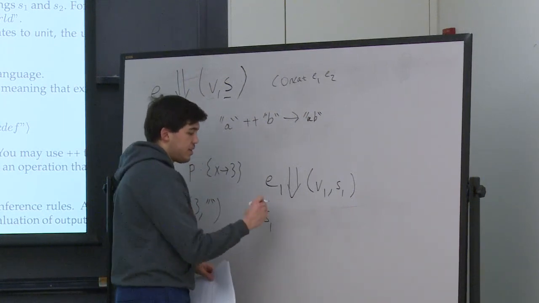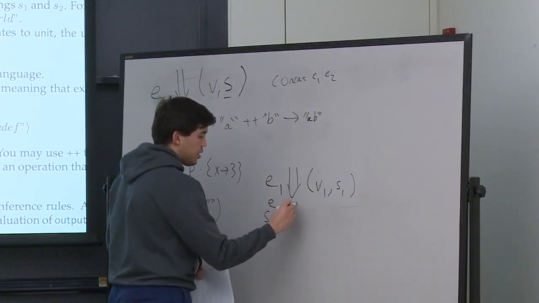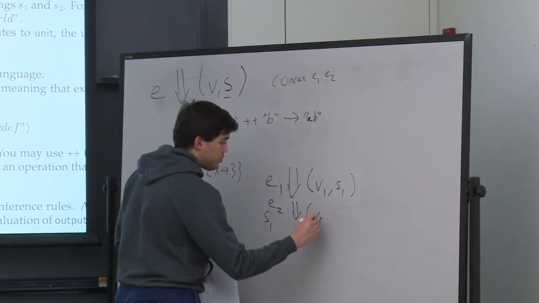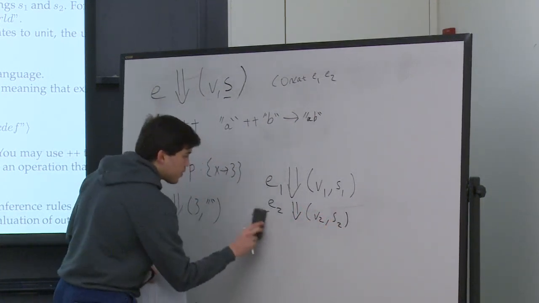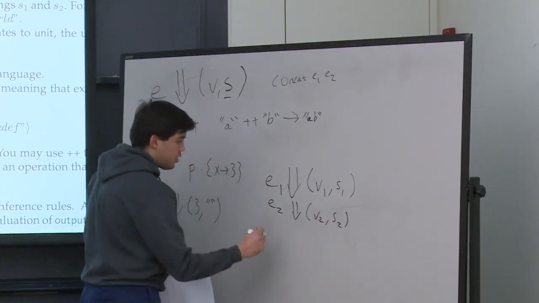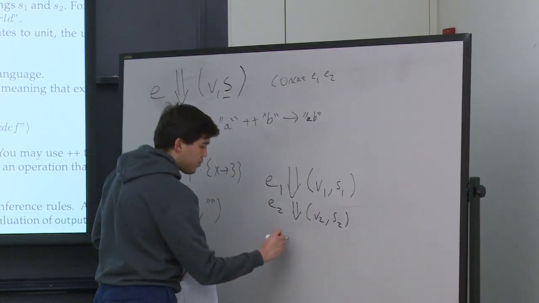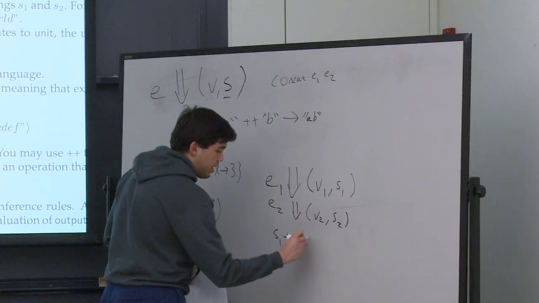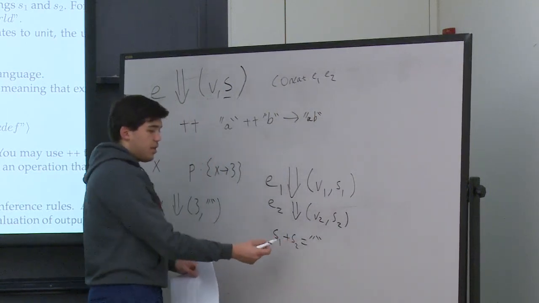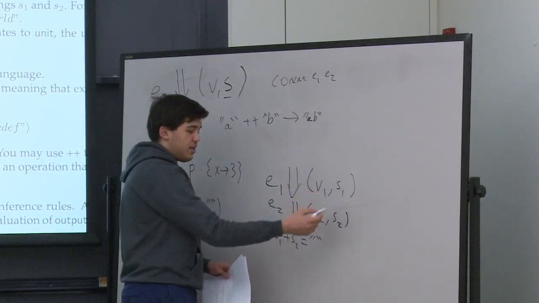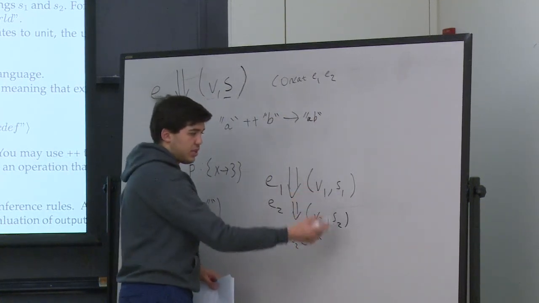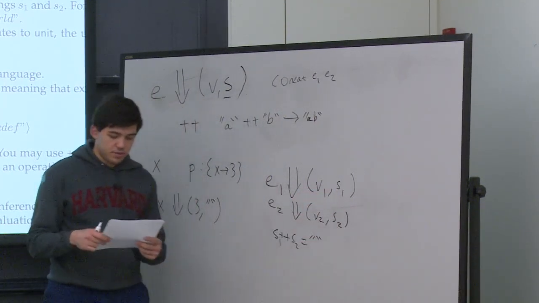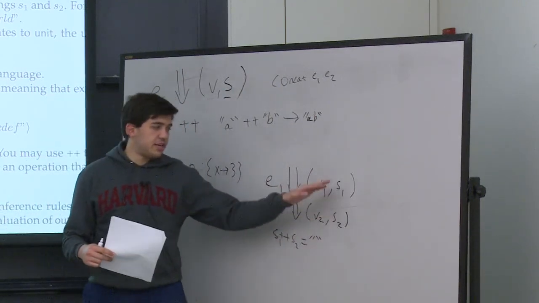And let's say I have a different expression E2 that large steps down to V2 and S2. Here, S1 plus S2 can equal the empty string if both of these are also the empty string. So this takes care of all possibilities.